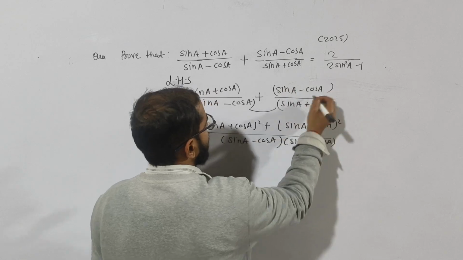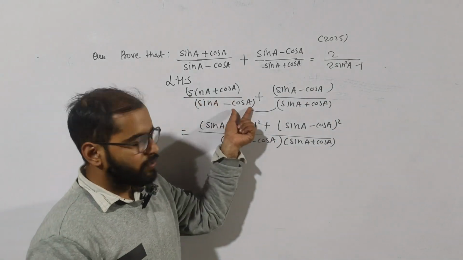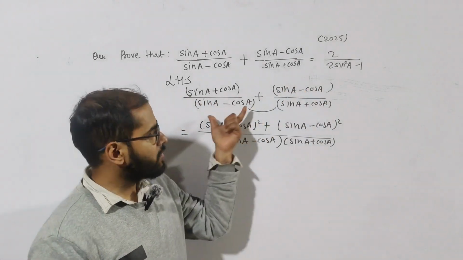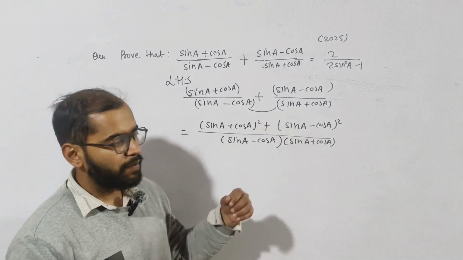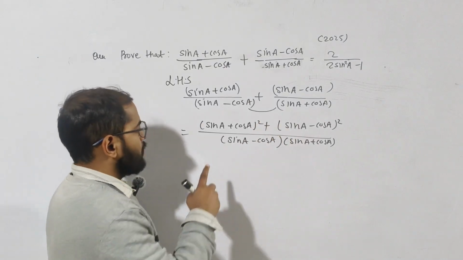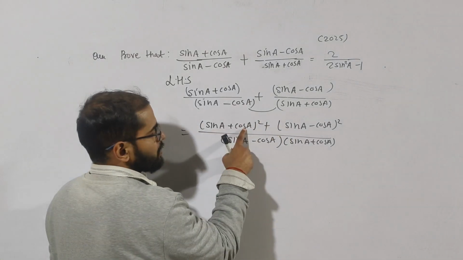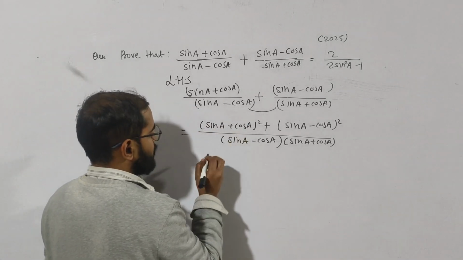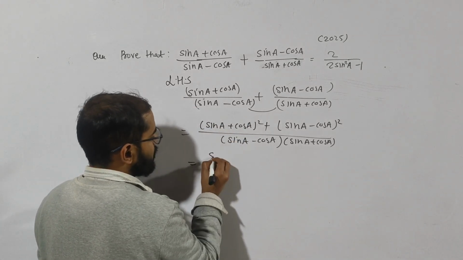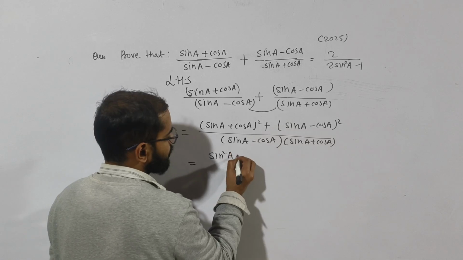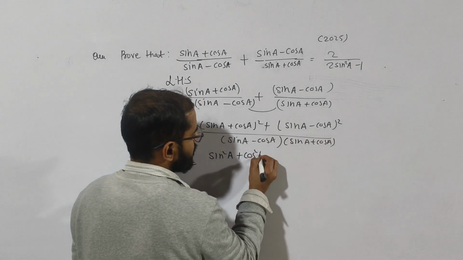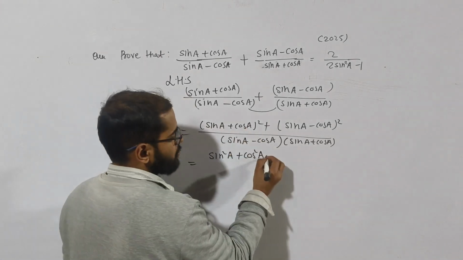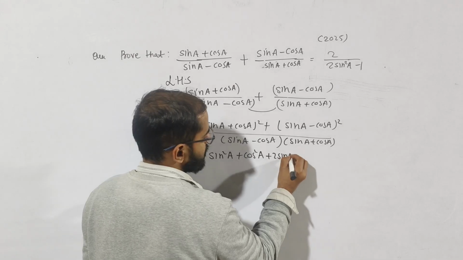They will become whole square after multiplying. Now use identity (a + b) का whole square, तो बनेगा sin²A + cos²A + 2ab, तो 2 sin A cos A, right?